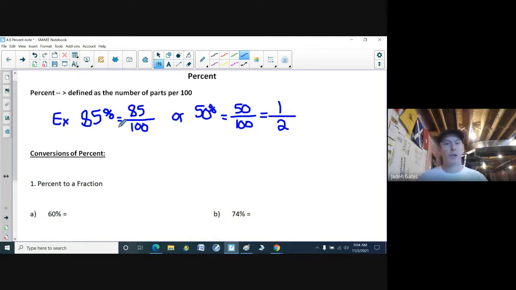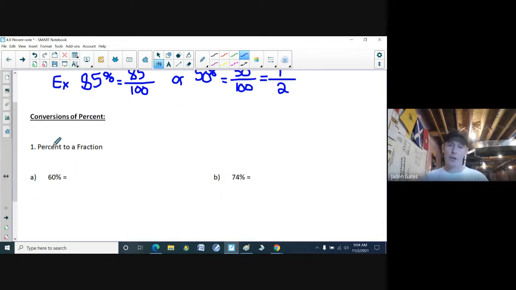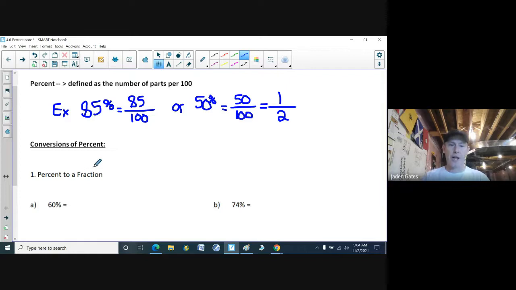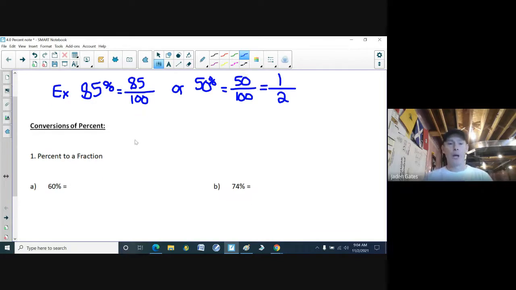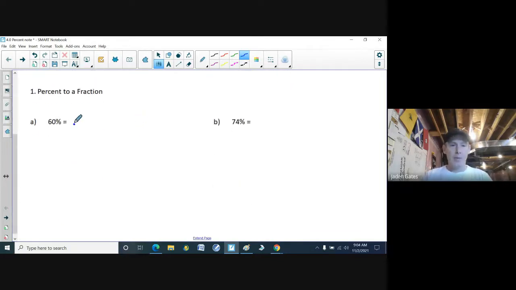And in fact, what we're going to look at next is the conversions of percent. The first one we're going to look at is percent to a fraction. When I'm converting it, I'm going to use the definition, that it is the number of parts per 100. So if I have 60%, that is saying I have 60 parts out of 100. Now, I can reduce 60 over 100 to lowest terms because 60 and 100 are divisible by 10.